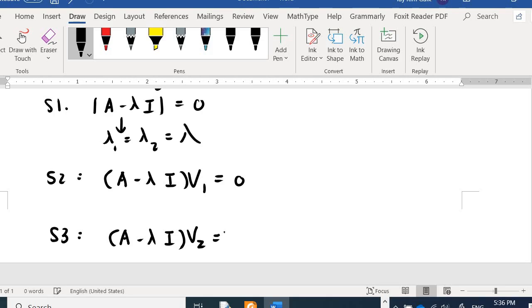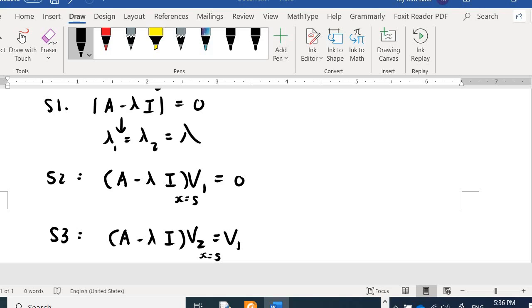V2 equal to V1. Okay, and another hint is, if let's say here you use x equal to s, then when solving in step 3, you must also use the same thing, x equal to s. If here you use y equal to s, when solving V2 you must also maintain y equal to s. You cannot change.